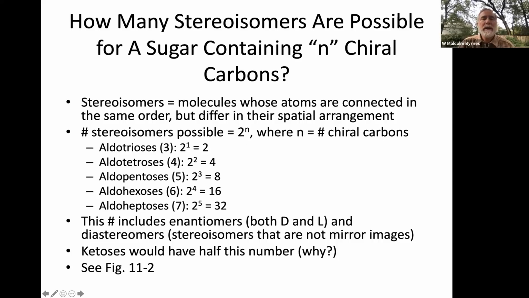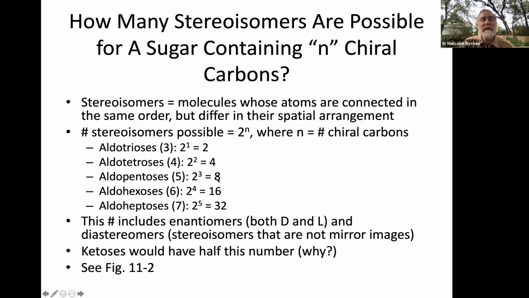So aldotrioses like glyceraldehyde have 1 chiral carbon, and so they have 2 different stereoisomers. We looked at those. That's the D and the L. Aldotetroses, those with 4 carbons, which have 2 chiral carbons, can have 2 to the N, or 2 squared, equals 4 different stereoisomers.